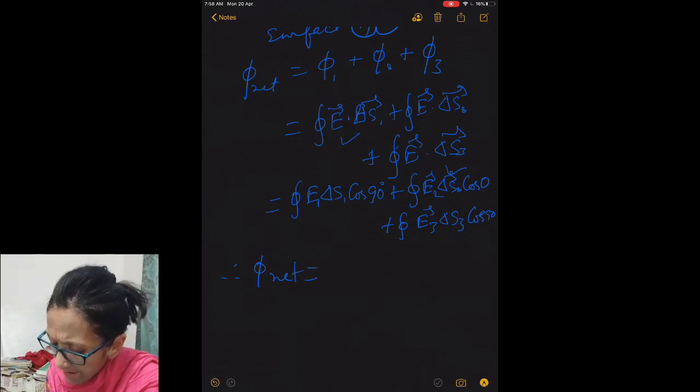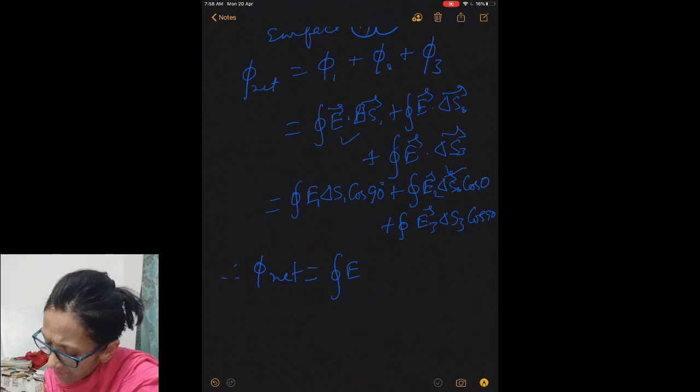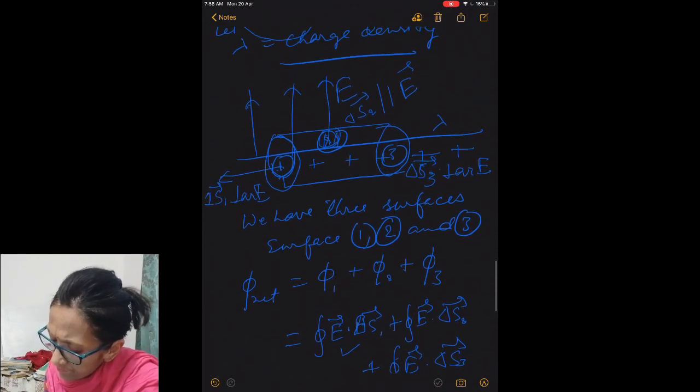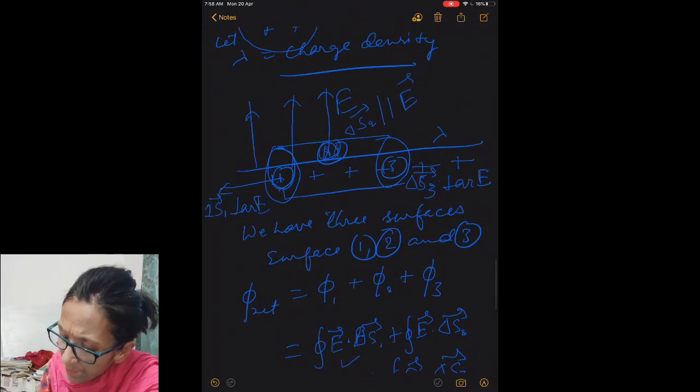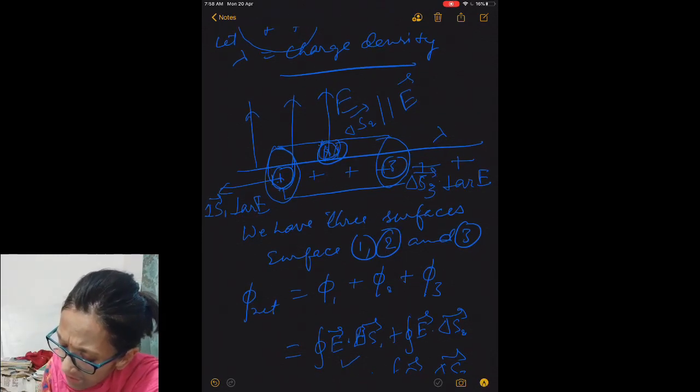Therefore, flux phi net is equal to surface integral of only E net, which is perpendicular, and at Gaussian surface it will be E net, because it is at the same distance. You can see the distance on the surface all along is same.